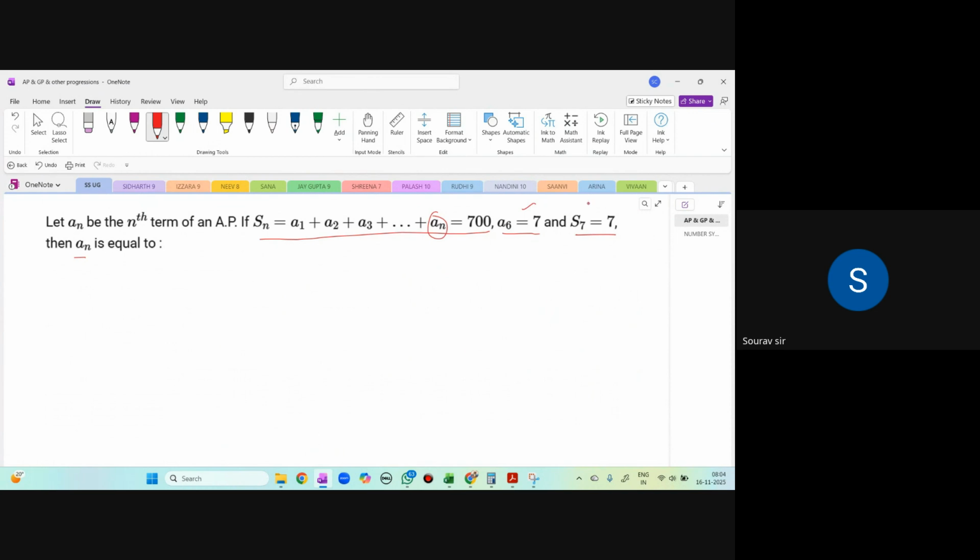So let's use these two. So AN is given by A1 plus n minus 1 into D. And Sn is given by n by 2 into twice A1 plus n minus 1 into D. So that means A6 will be A1 plus 5D and S7 will be 7 by 2 into 2A1 plus 6D.